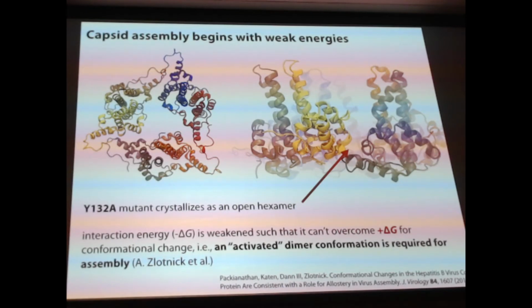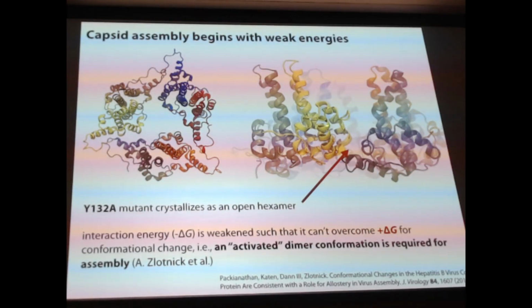So in support of this idea of weak energies at these initial stages, if you make one mutation at an interfacial residue, a tyrosine to an alanine, you don't completely break the association, so we still get, for example, tetramers forming, and even something kind of like a hexamer, but now it's a broken hexamer.